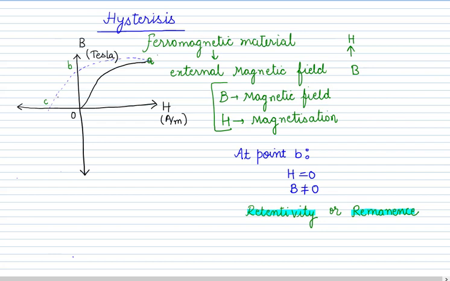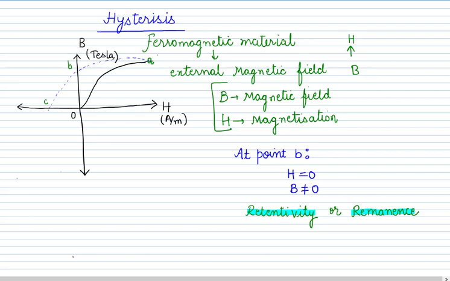So on increasing the magnetizing field in the opposite direction, our graph goes from B to C, shown with a curve BC. Now at point C, as you can see, the magnetic flux density is 0, but the magnetizing field has some value which is negative.